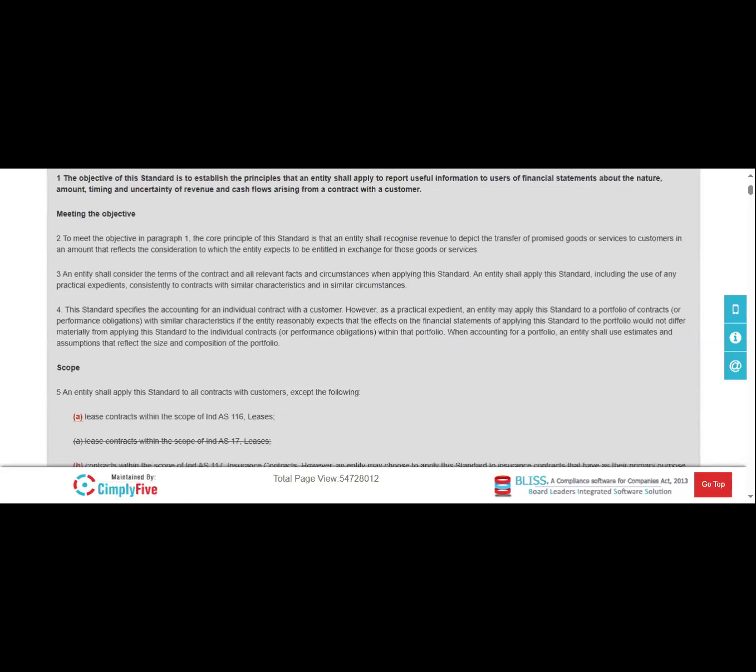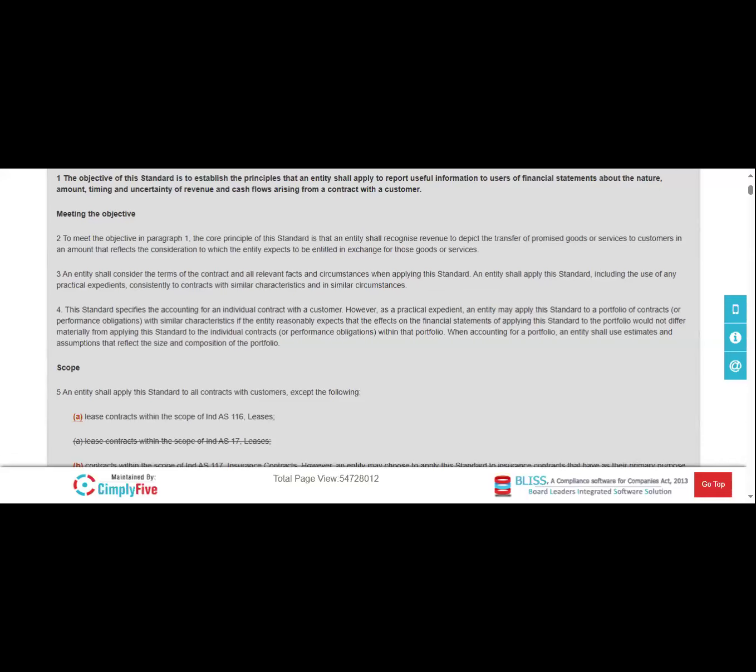To meet the objective in paragraph 1, the core principle of this standard is that the entity shall recognize revenue to depict the transfer of promised goods and services to customers in an amount that reflects the consideration to which the entity expects to be entitled in exchange for those goods and services.